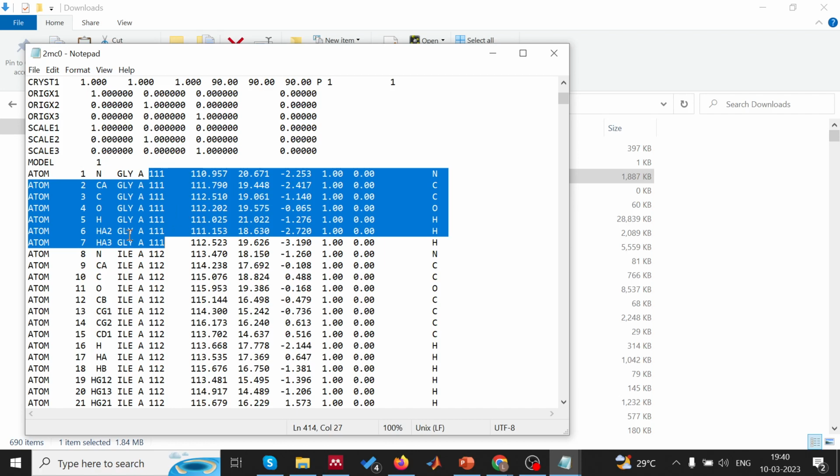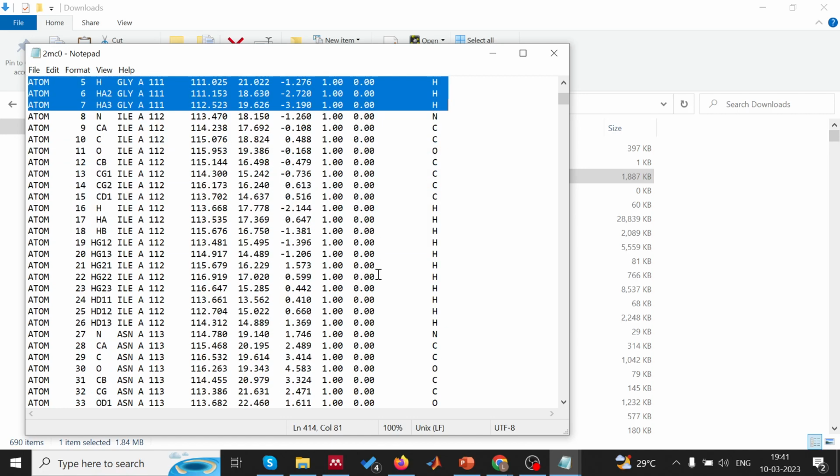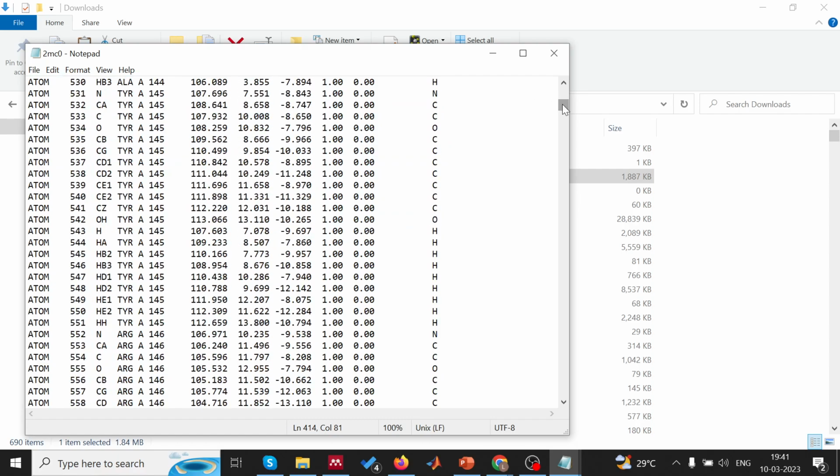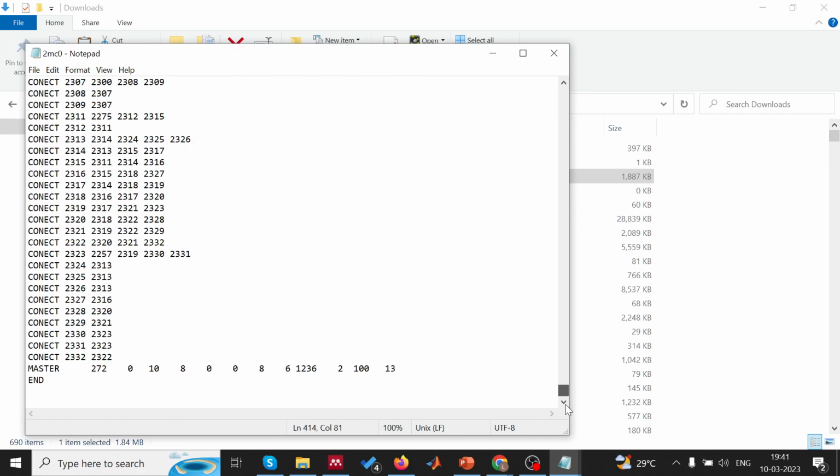So N, C alpha, C, O, Ha2, Ha3 belong to the first residue, which is glycine here. And here you have XYZ coordinates followed by occupancy, which is 1 for all of them, and you have the temperature factor. I don't know why it is 0 in all cases. Maybe they did not deposit the temperature factor.